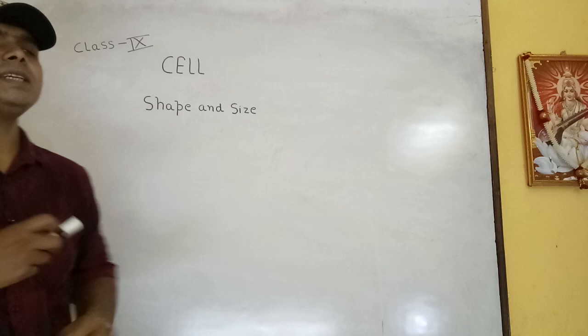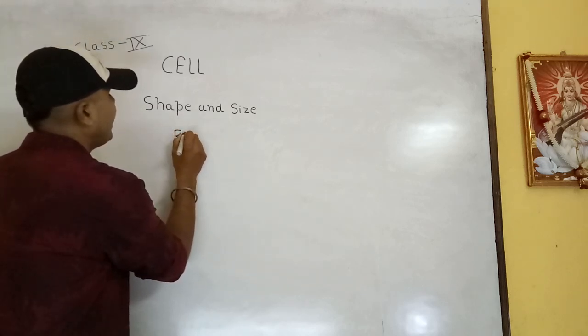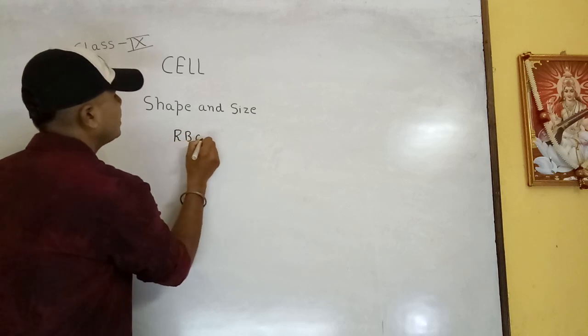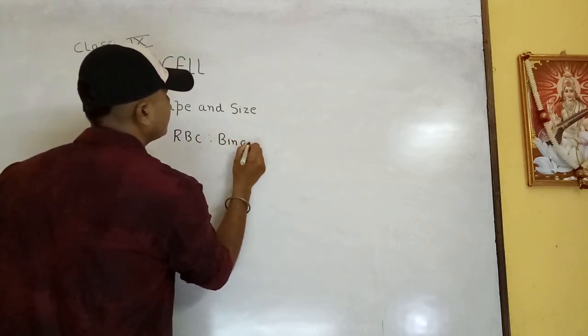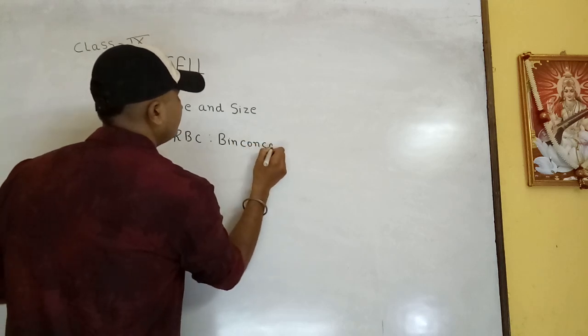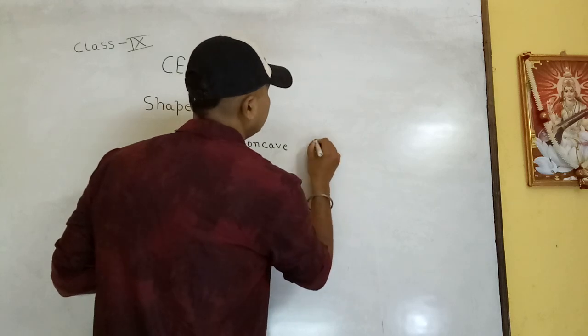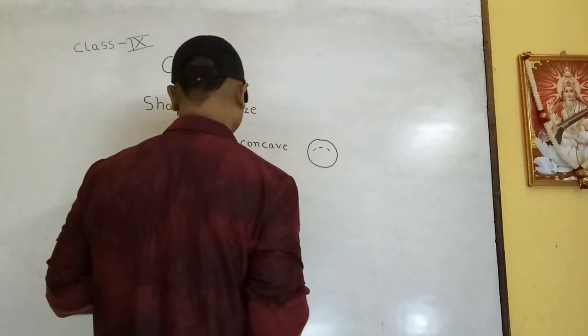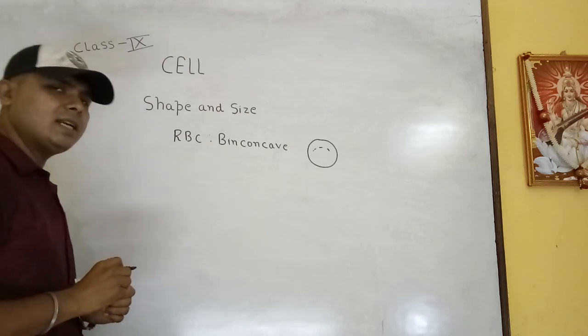For example, some cells, for example RBC, are biconcave shaped. This shape ensures them to combine with more and more oxygen molecules for their transportation.